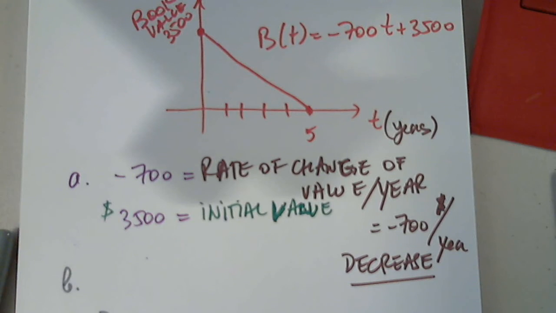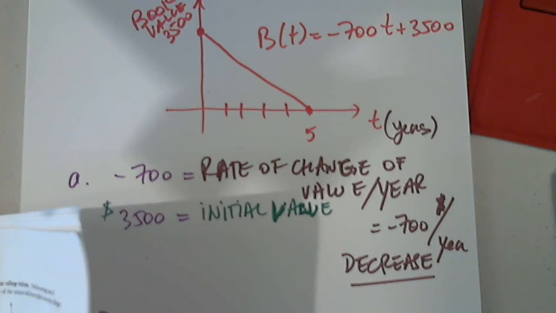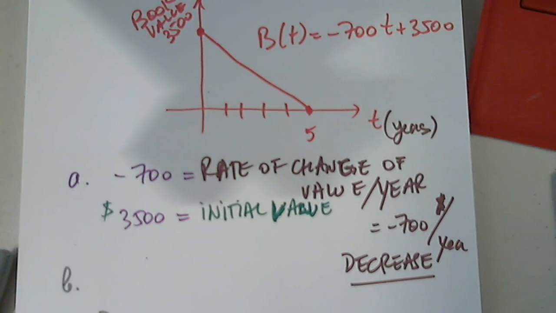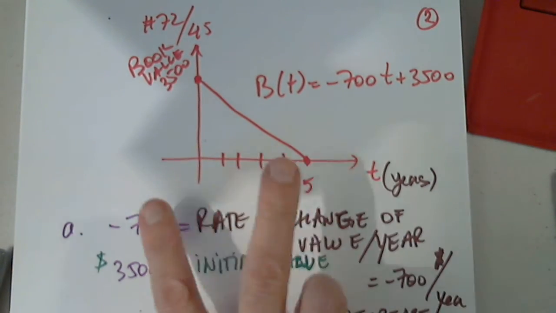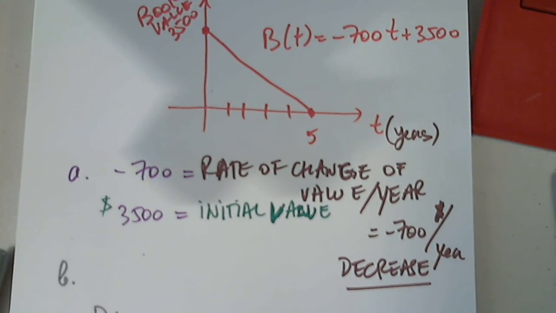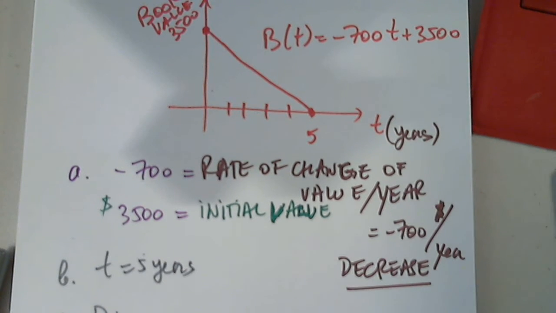So how many years? If it starts with a value of 3,500 and it drops to 0, how many years it needs? 5. Yes. In 5 years.